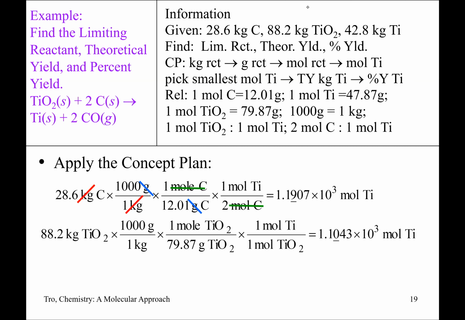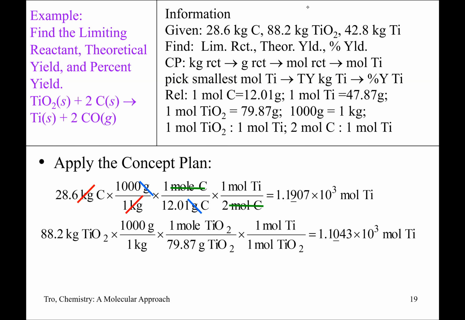The one that gives less mass of Ti, because Ti is the product. So which one is the limiting reactant in this case, TiO2 or carbon? TiO2. TiO2 is the limiting reactant.